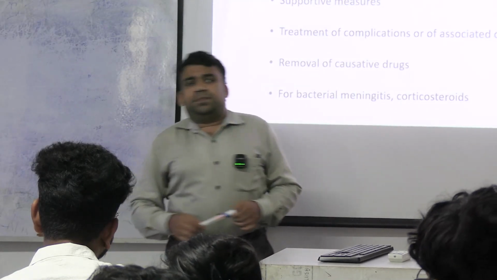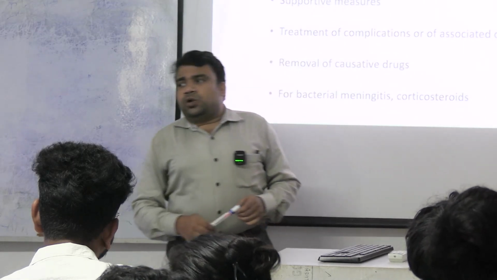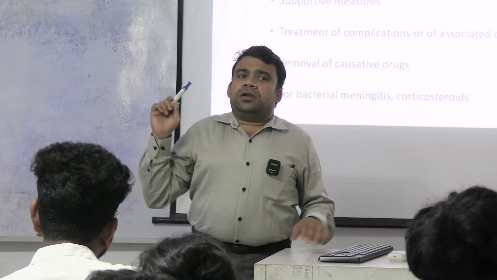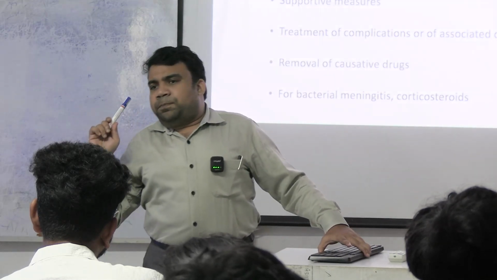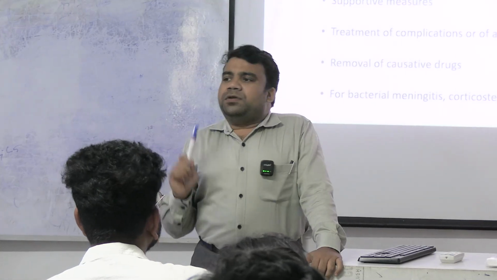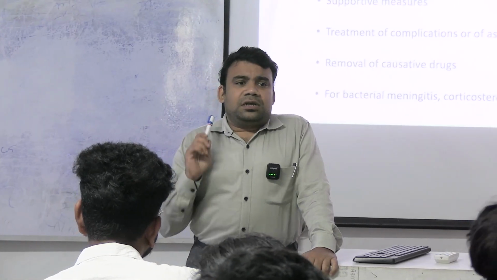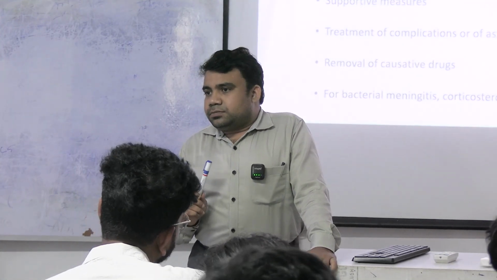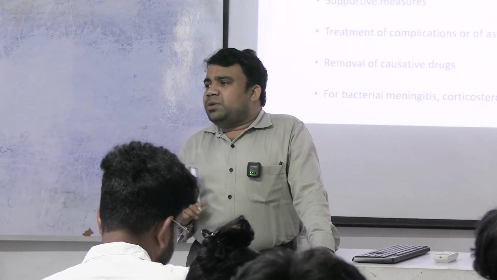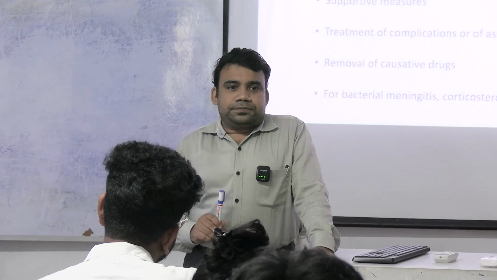Next important step is whether you perform a lumbar puncture or not. Most important part is, if you see a patient suspected of having meningitis, first you have to admit the patient, preferably in a place where the patient can be monitored very closely.